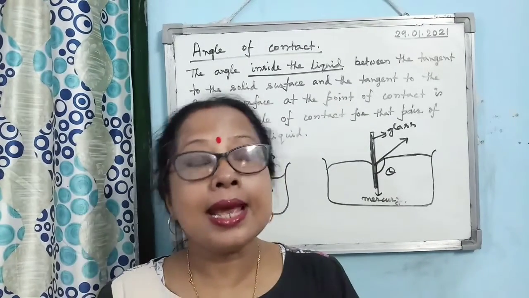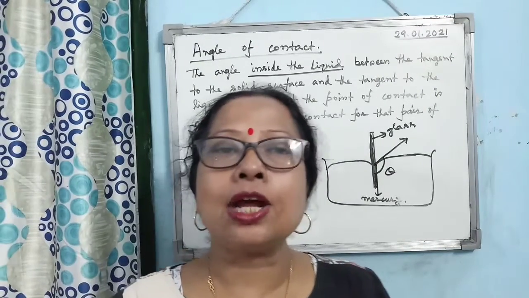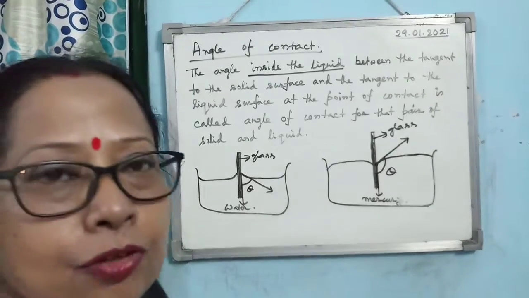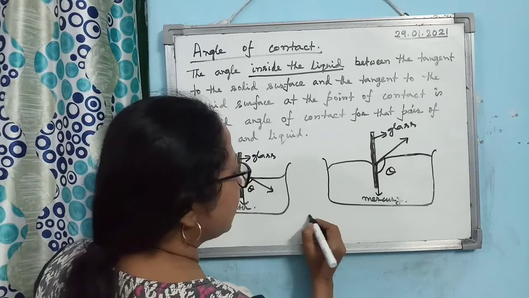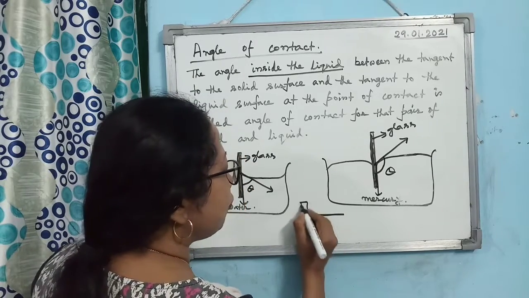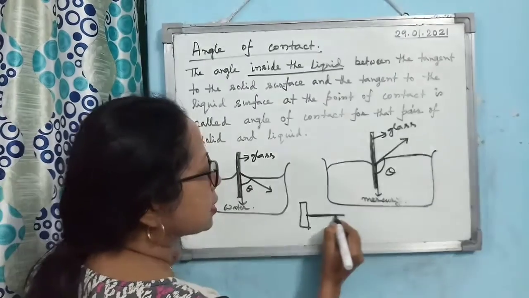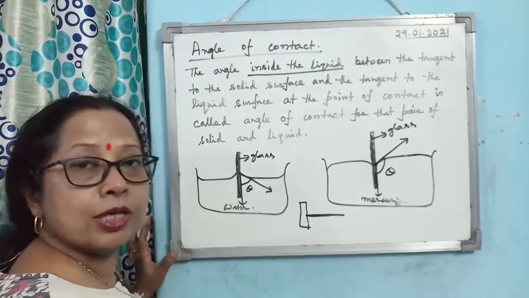Is that clear? Another one: consider the angle of contact for glass and silver. If you take glass and silver, then the upper surface of the liquid is plane. If you just dip glass in silver, then the shape of the meniscus is a plane, a horizontal line.